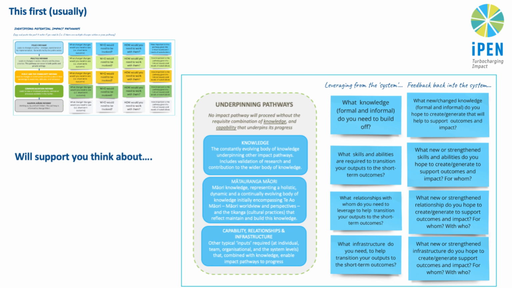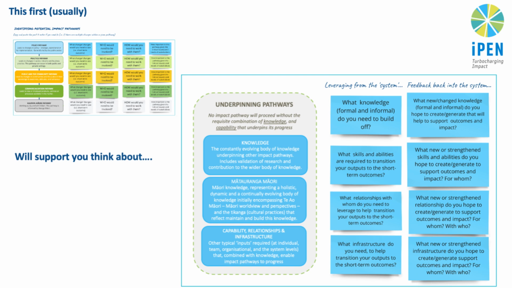But this is thinking about what knowledge, both formal and informal, you might need to build off, and then how you are going to feed back or contribute to that. So what kind of new or changed knowledge, formal and informal, do you hope to create or generate that will help support the longer-term outcomes and impacts?